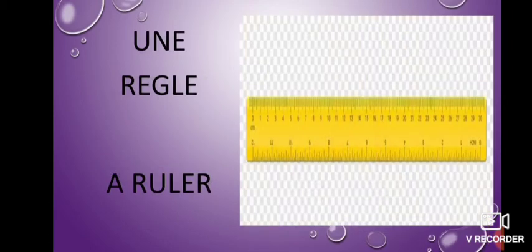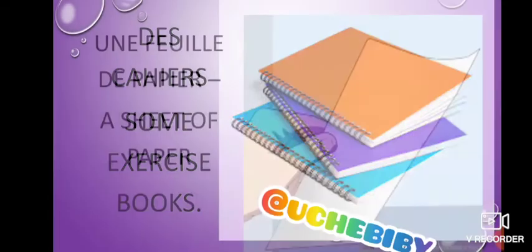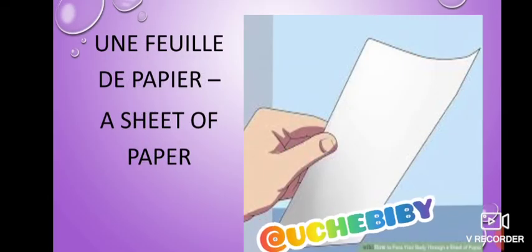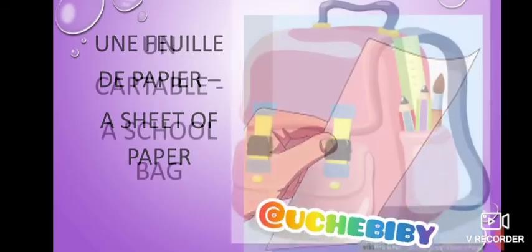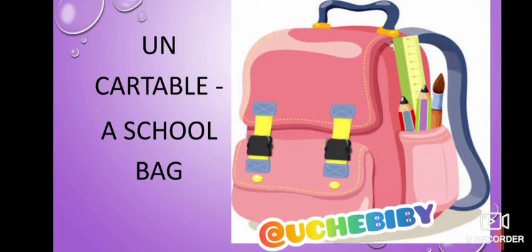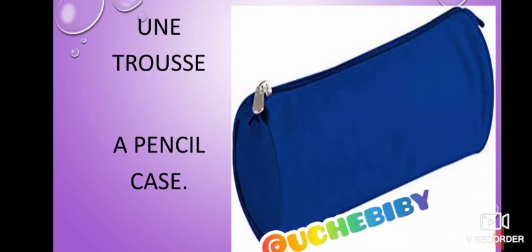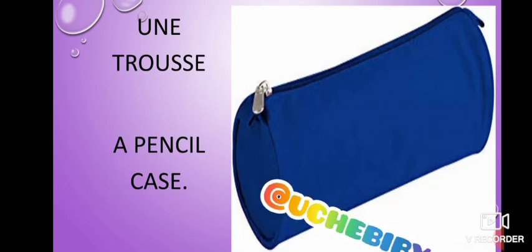Une règle, a ruler. Des cahiers, some exercise books. Une feuille de papier, a sheet of paper. Un cartable, a school bag. Une trousse, a pencil case or a pen case.